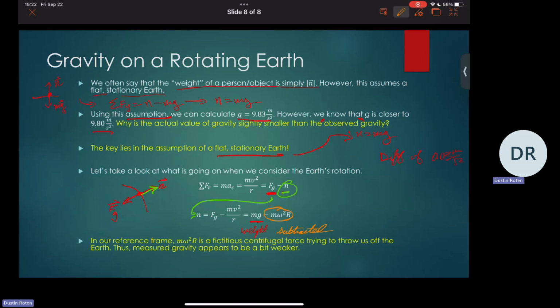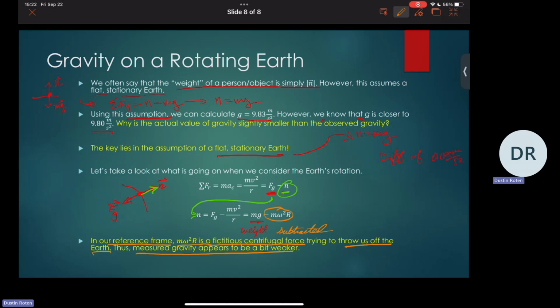So it turns out in the reference frame where we're riding along the Earth, this term is actually a fictitious centrifugal force, and to us it feels like it's trying to throw us off the Earth, essentially sling us off. This term is essentially why measured gravity appears to be a bit weaker.